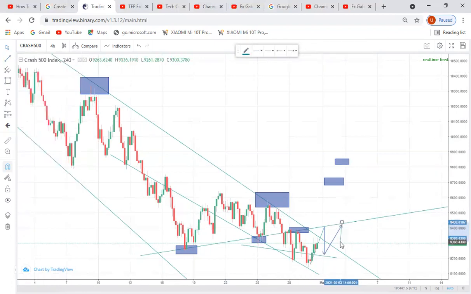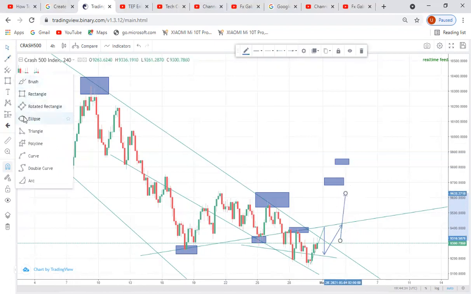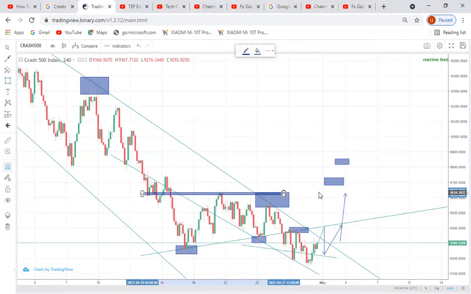It may need to act on that particular level severally, until price breaks it. So for now, we are looking at this zone here for this buy.